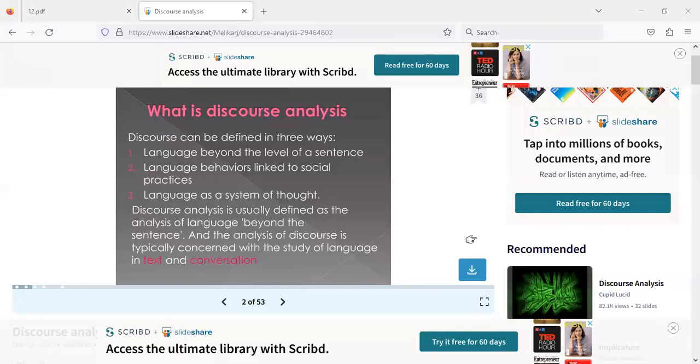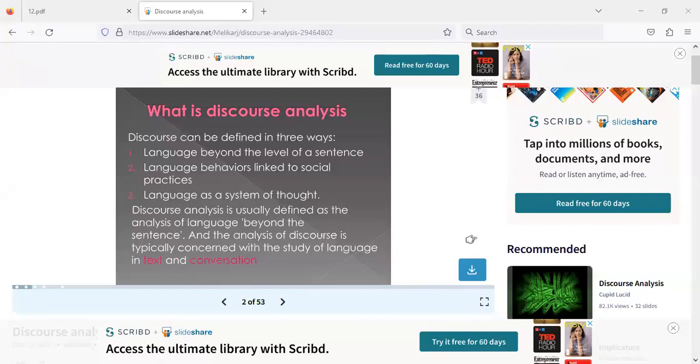It will coin many new terms and vocabulary, along with social practices and culture. So language behaviors are linked to social practices, with their beliefs and sometimes customs. These are key terms related to discourse analysis.